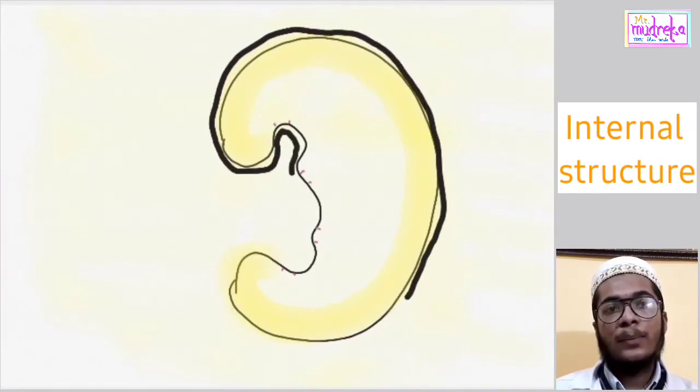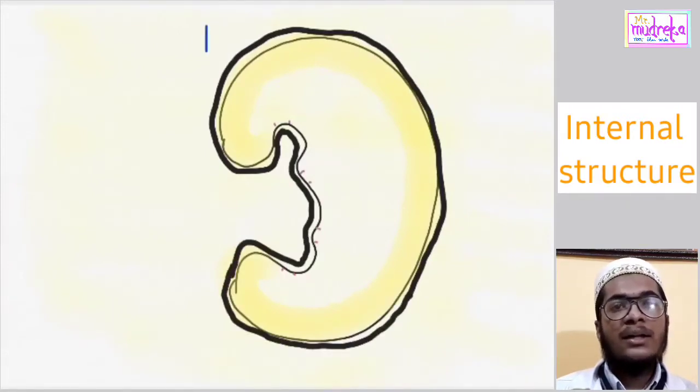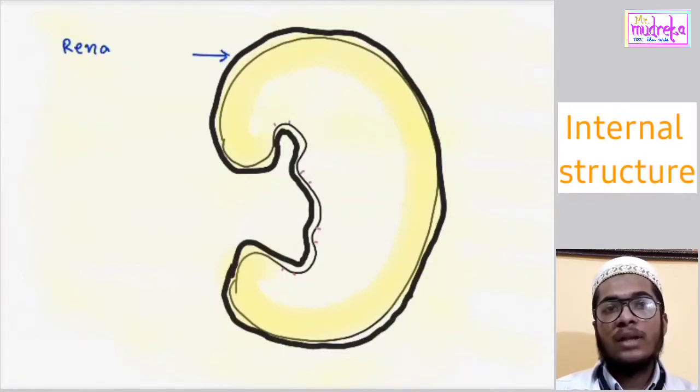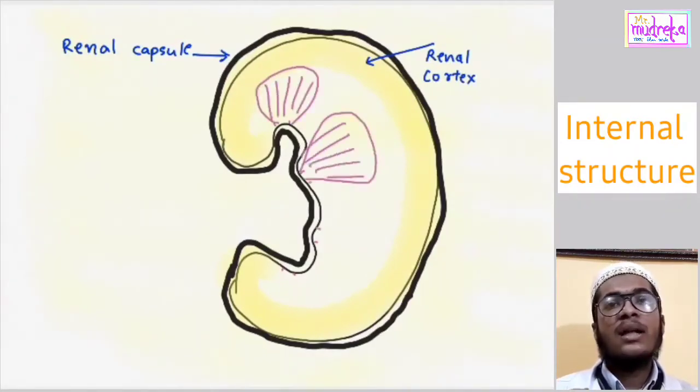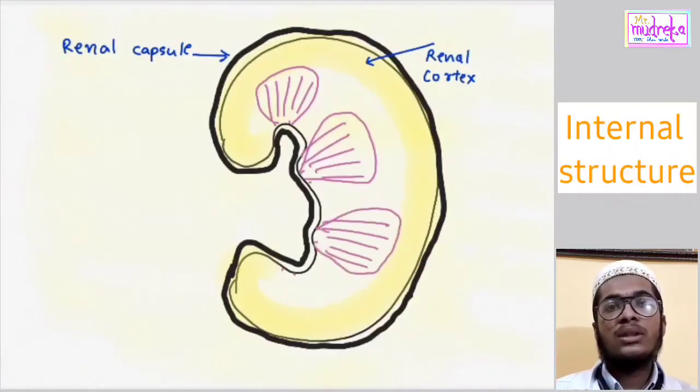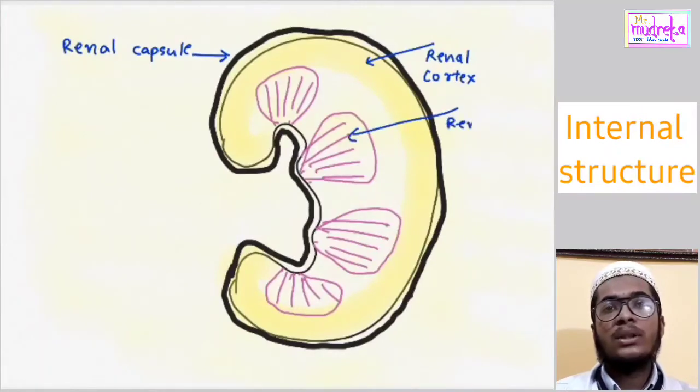The cortex appears pale yellow with a granular texture. The medulla is composed of dark conical masses called renal pyramids, that is pyramids of Malpighi. The apices of the renal pyramids form nipple-like projections, the renal papillae, which invaginate the minor calyces. A renal pyramid along with its covering cortical tissue forms a lobe of the kidney.